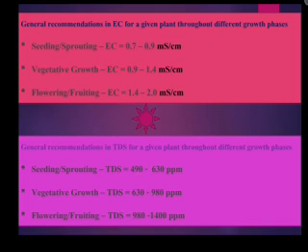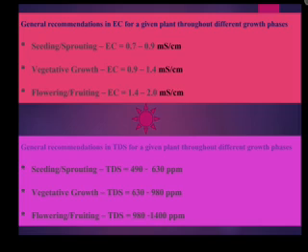Those values I have also given at the bottom. For a TDS meter, for the seedling stage, it should be around 490 to 630 ppm. As the crop grows, and more and more leaves start coming, we should go for a higher TDS, around 630 to 980 ppm. It can be 1000 ppm also. You may ask here, TDS 630 to 980, madam is telling you to keep it, but your borewell water will already have 980 ppm, 1200 ppm.